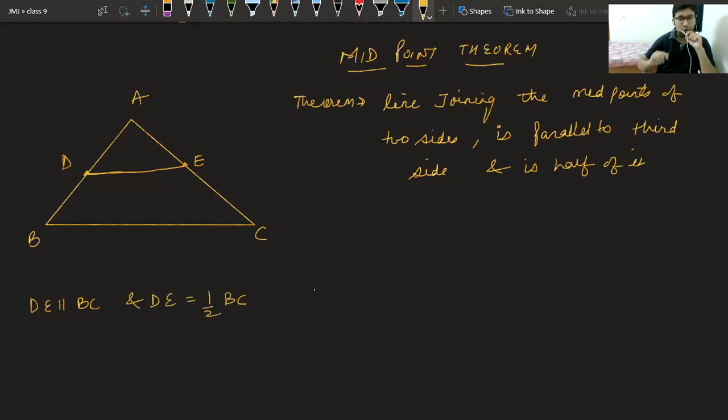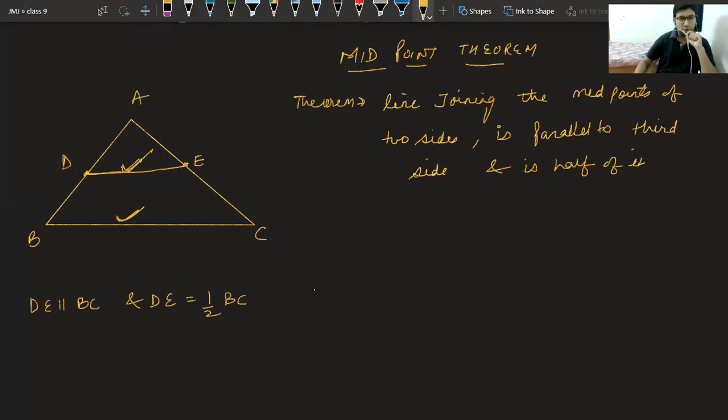Class, are you able to understand what I am saying? It is saying that if a line joins the midpoints of two sides, then this line will be parallel to the third side and will be half of it. Please confirm. Okay, Moksh is asking D is midpoint of AB, E is midpoint of AC.